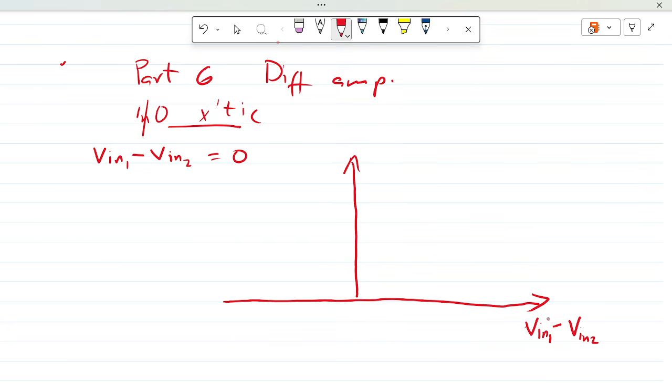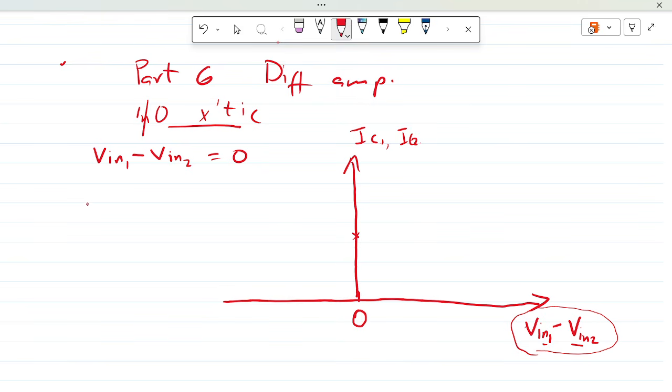And I'm going to start off with the current. So we have IC1 and IC2. At a point where the differential input is 0, that means V in 1 and V in 2 are the same, so their difference is 0.